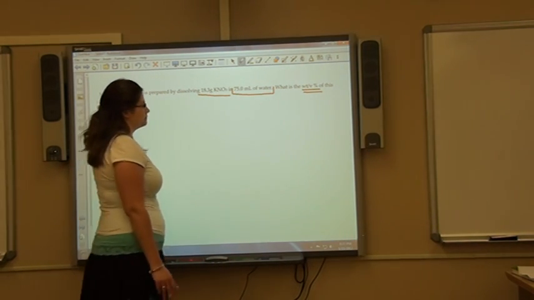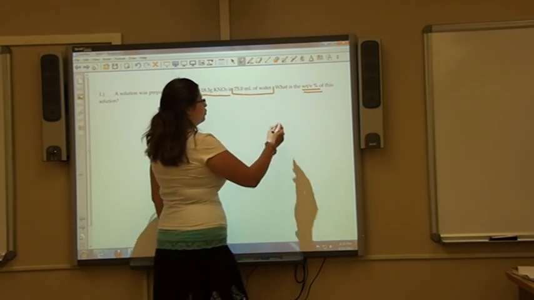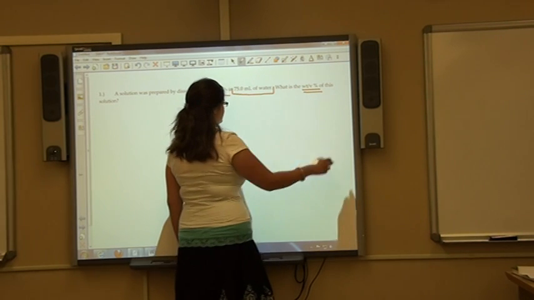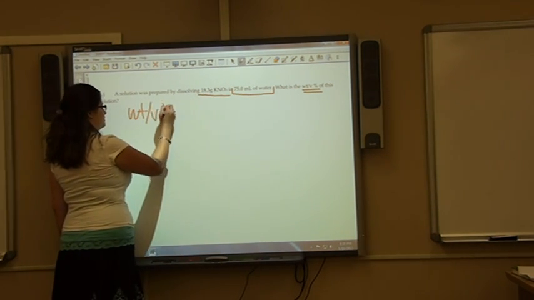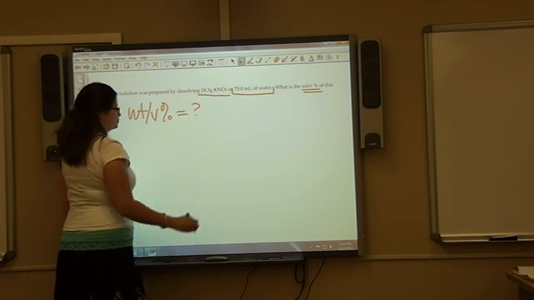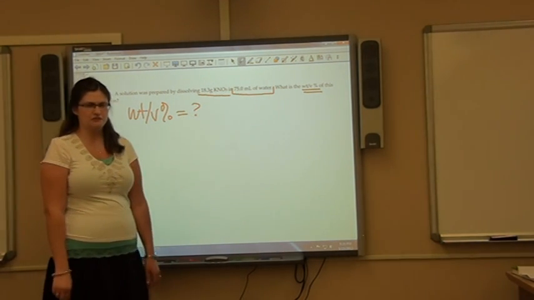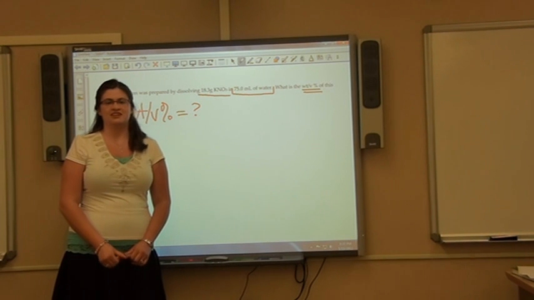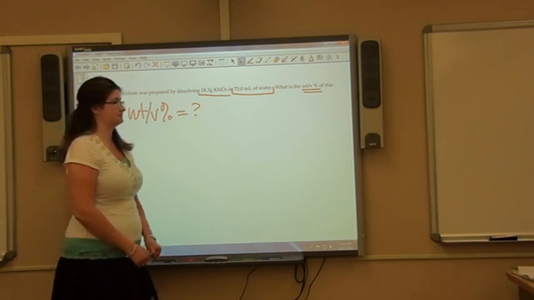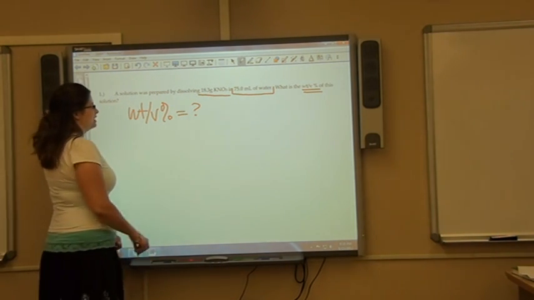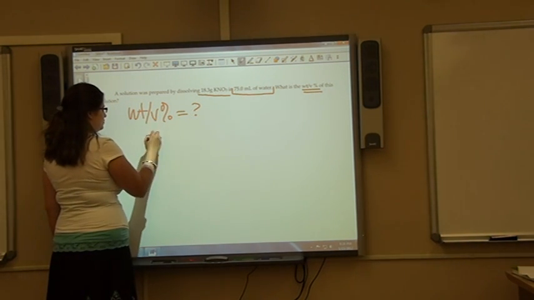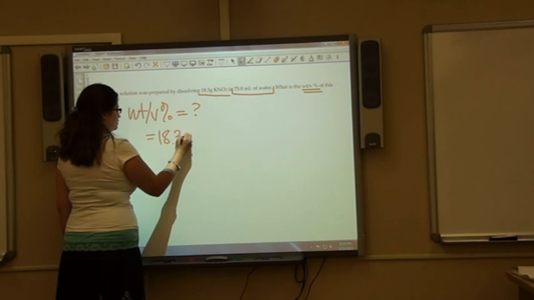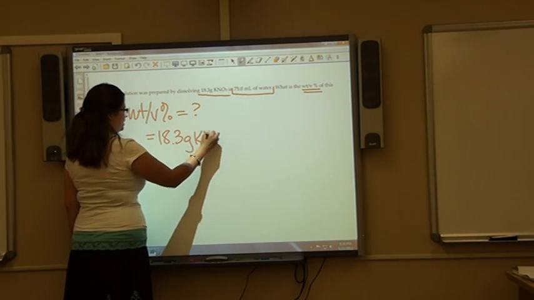Okay, so let's start from the end. What is the weight per volume percent? In other words, weight per volume percent equals question mark. If you can figure out what you're looking for, you're halfway there. Okay, so now we also have a weight. Oh, 18.3 grams KNO3, that's a weight.